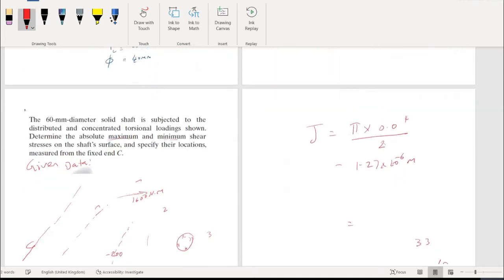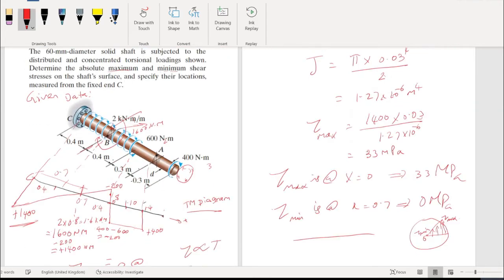Okay. Third question was with distributed moments.